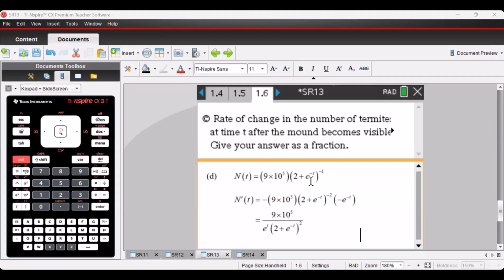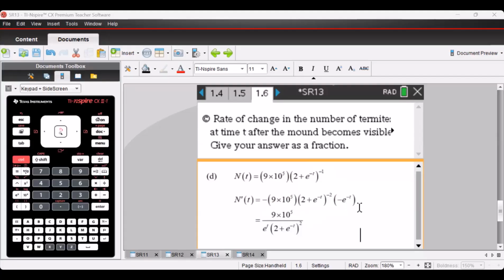We subtract 1 from that power, so that becomes 2 plus e to the power of negative t to the power of negative 2. And what we do is we take the derivative of what's inside here. The derivative of 2 with respect to t is just 0. But the derivative of e to the negative t with respect to t, the negative comes down the front. So the derivative of e to the negative t is negative e to the negative t.